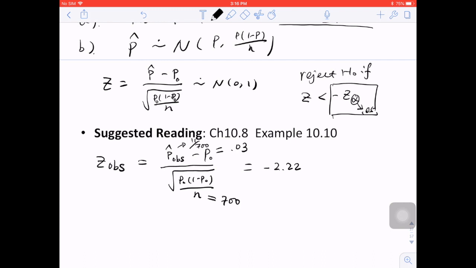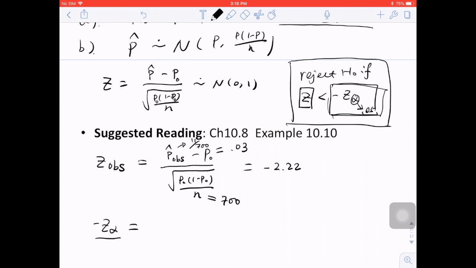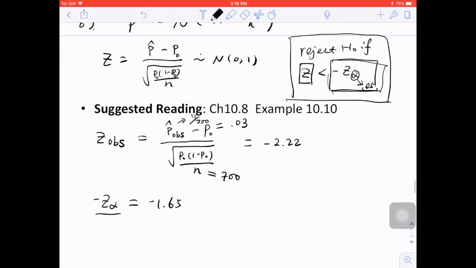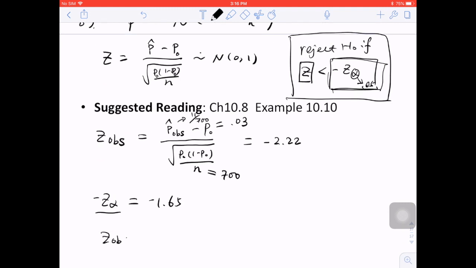Okay? So, like we discussed before, we reject the null hypothesis if my Z statistic is smaller than this value. Okay, so if alpha is equal to 0.05, you can have this value from the Z table. So this one, if you check the Z table, is equal to negative 1.65. So Z observed is equal to negative 2.22, smaller than this critical value.